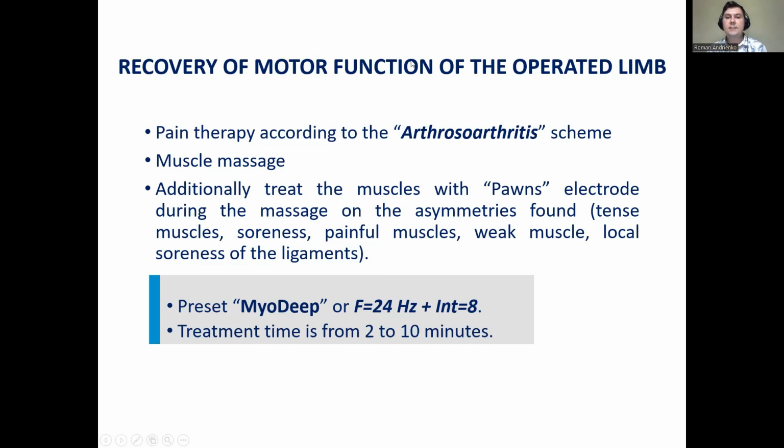And this is another protocol aimed at recovery of motor function of the operated limb, according to the scheme of the arthroarthritis protocol. So we massage the muscles using these settings and using the Pons electrode.